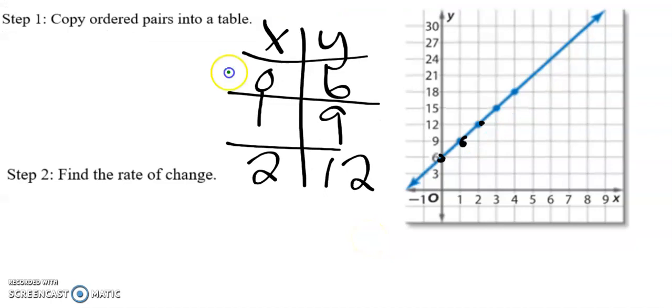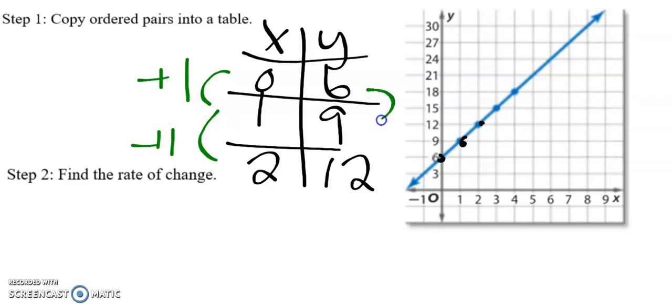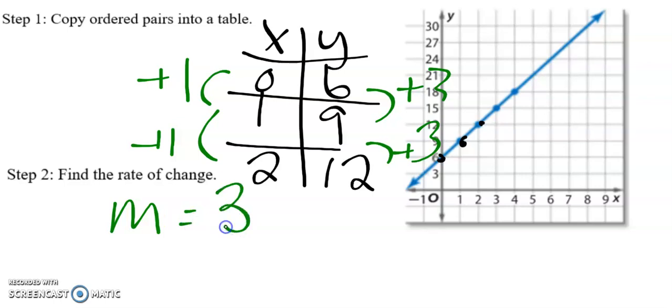We've done that. For my x's, looks like we're adding 1. For my y's, looks like we're adding 3. So that means my slope will be the change in y over the change in x. So 3 divided by 1, which is 3. All right, so remember, we just did this on the last problem.